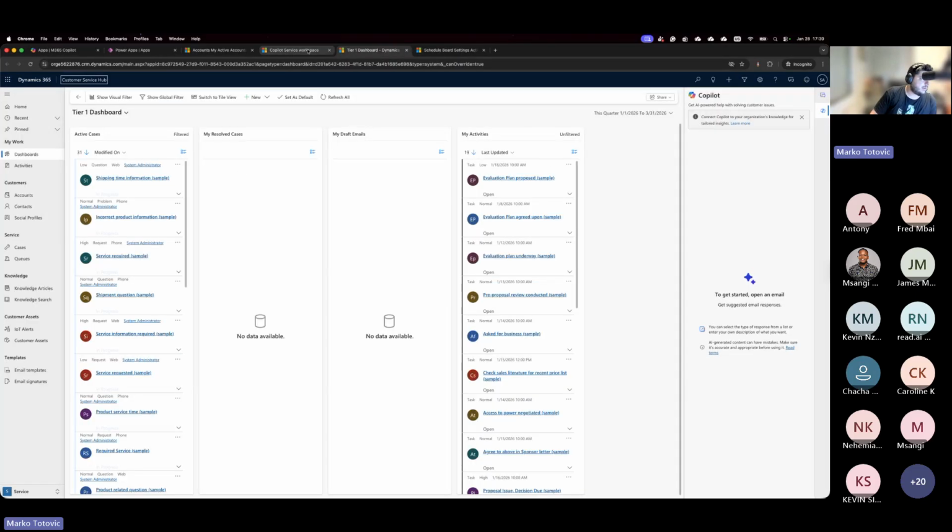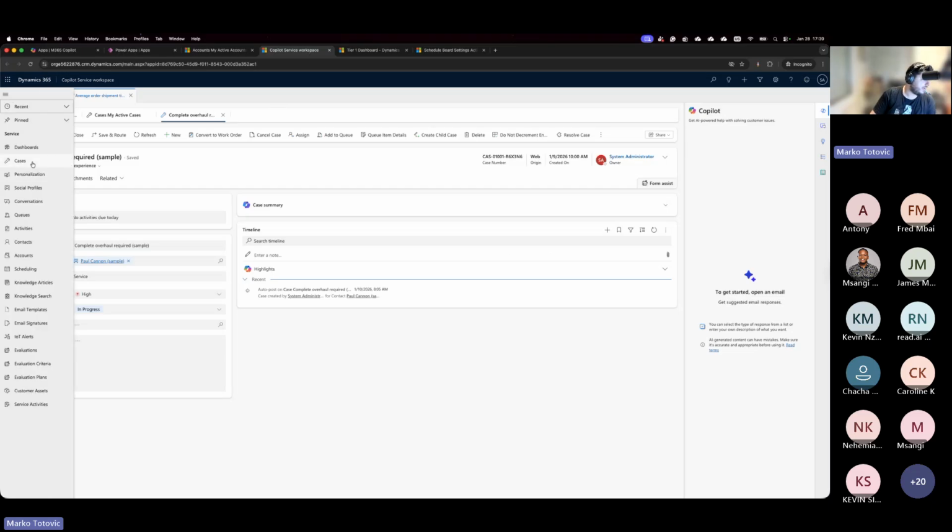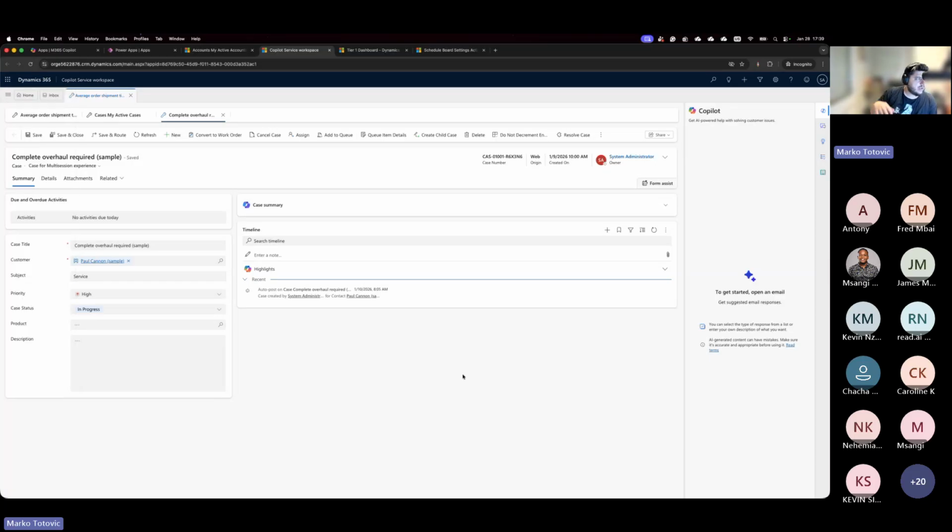So the main thing here is that we have cases, our place where we are keeping the tickets, and our knowledge articles, and the possibility to really get information out of knowledge articles. With the whole introduction of AI and the possibility to have Copilot inside of the customer service application, we went to a higher level of possibility to get knowledge articles, because previously you can see here that we have some knowledge search.